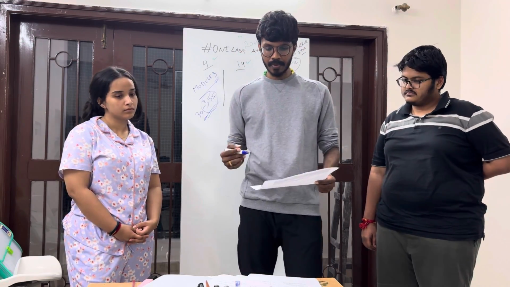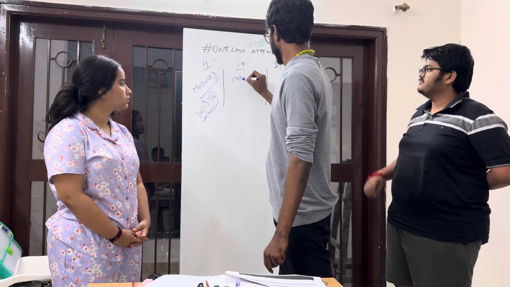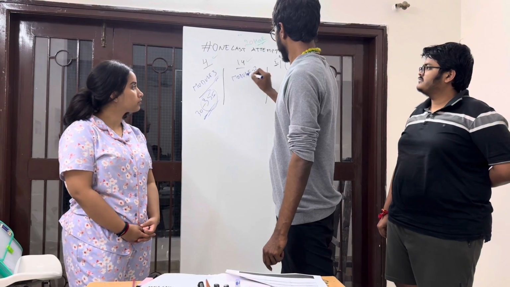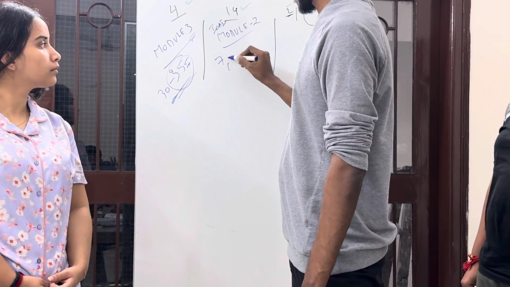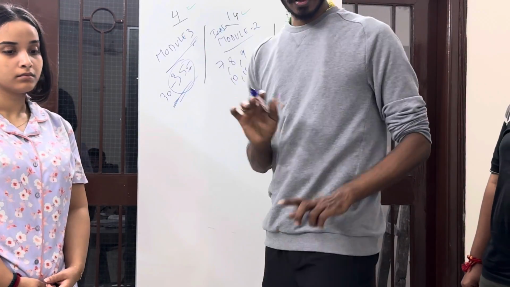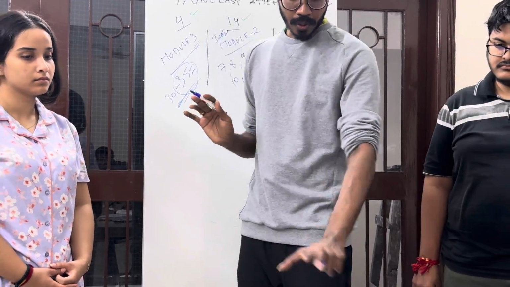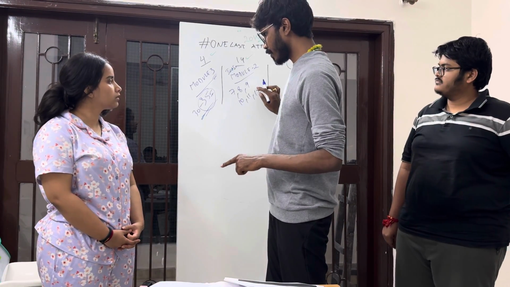So what I would prefer is, we'll directly start with module 2 tomorrow. I'm talking about ICA module 2. Chapters 7, 8, 9, 10, 11, 12, we have 6 chapters. Chapter 12 is already done in module 3.